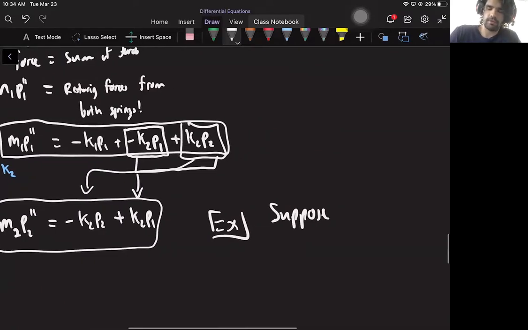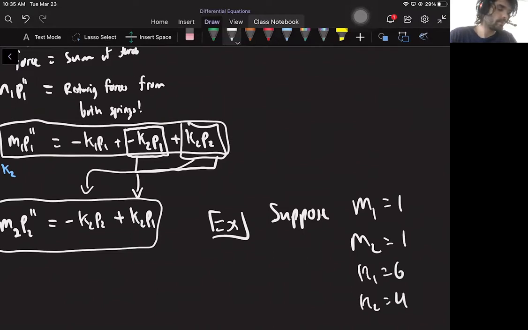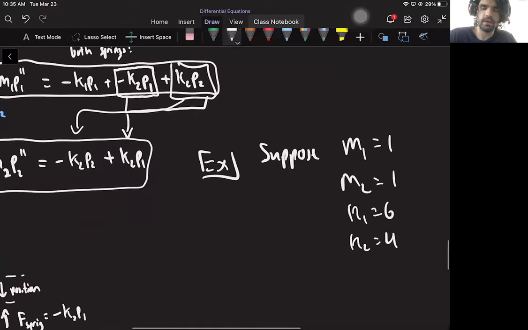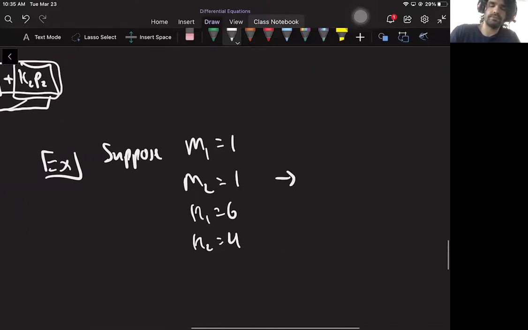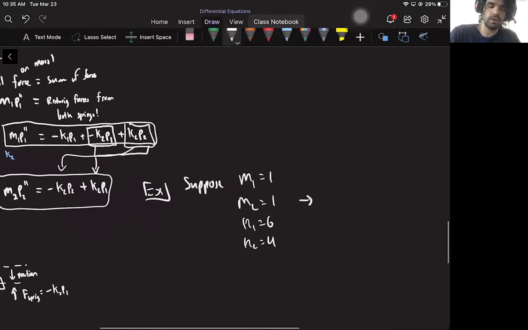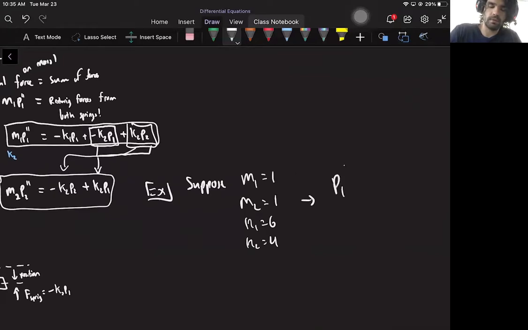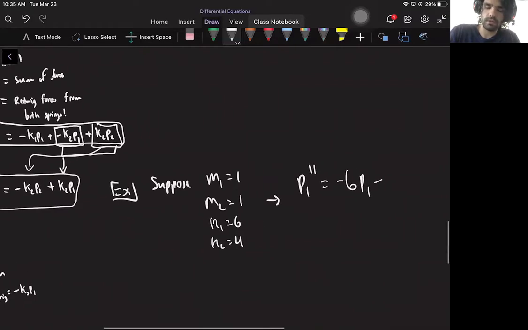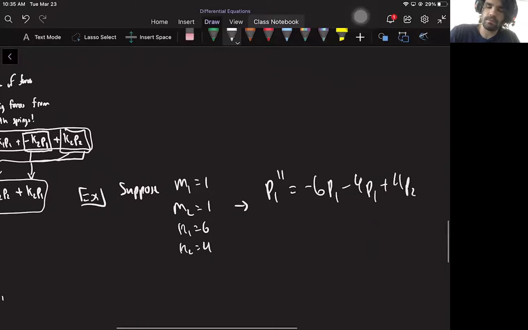So let's just suppose that I have a bunch of masses. So mass 1 will be 1, mass 2 will also be 1, K1 will be 6, K2 will be 4. And then these differential equations become, let's see, P1 double prime equals negative 6 P1 minus 4 P1 plus 4 P2.